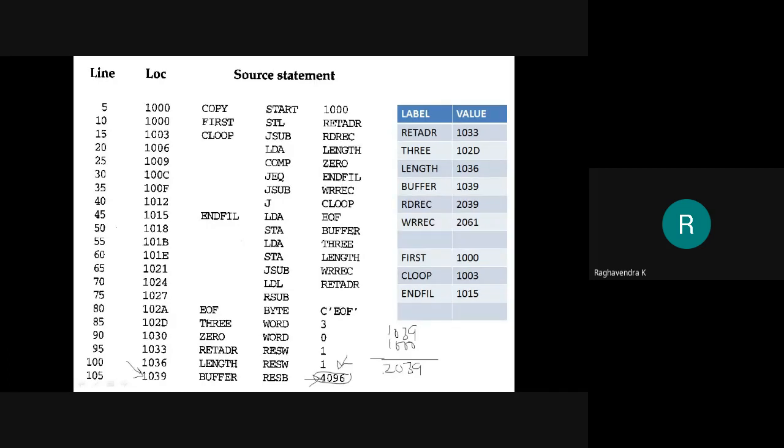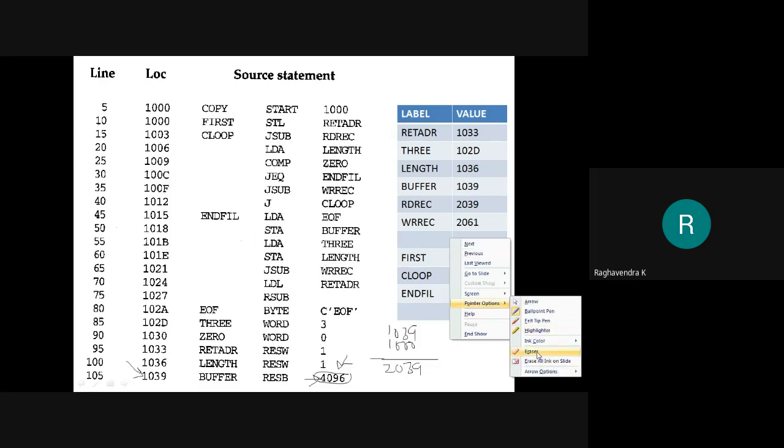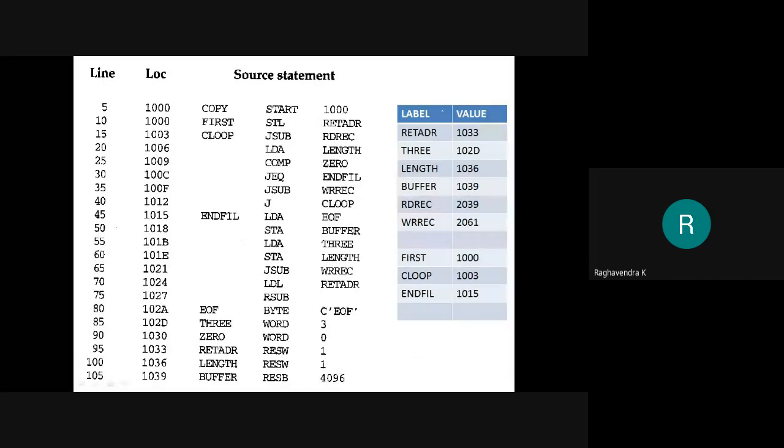So what we have done here is we looked into the information given by the program, and based on that information we have performed the address assignment for the labels. Now we have all the values for the labels. You can cross verify. Two of them are not a part of this program, I have given them generally. So the value of return address is 1033. We can check where return address is. So here it is.